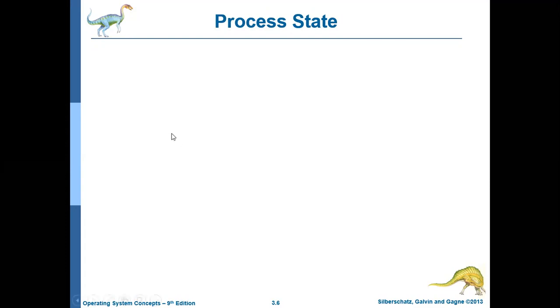The moment it is created, it will be in a state called the new state. So what is meant by created? As you know, a process is a program under execution. So when the exe code of the particular program is loaded into the memory for the first time, then it is in a new state.